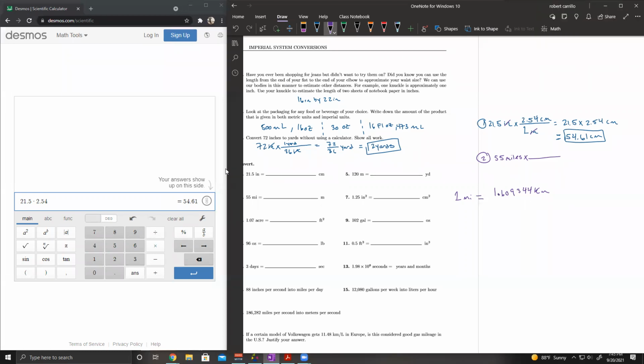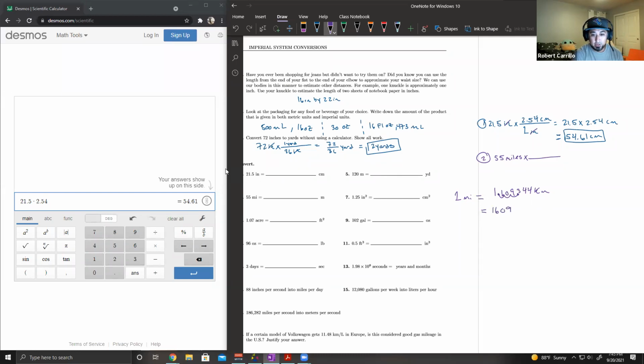Three. 1, 2, 3. So 1 mile also equals 1,609.344 meters. Look at that. Write that down somewhere, guys. That is a new conversion we just made: 1 mile is equal to 1,609.344 meters, and that's what we're going to use on the conversion table above.